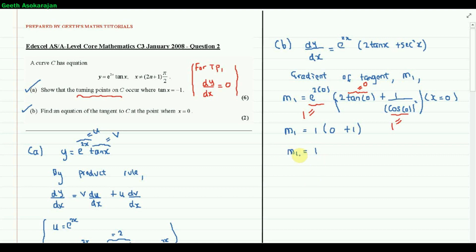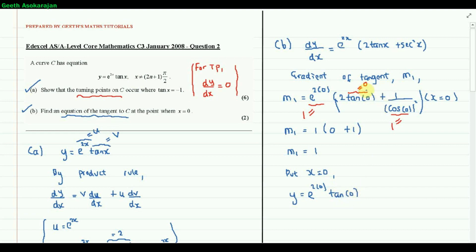Now, for the equation of the tangent, bearing in mind, we need the y coordinate which corresponds to x equaling 0. To find the y coordinate, we simply put the x coordinate into the curve equation. So if I put x equals 0 into the curve equation, y is e to the 2 times 0, multiplied by tan 0.